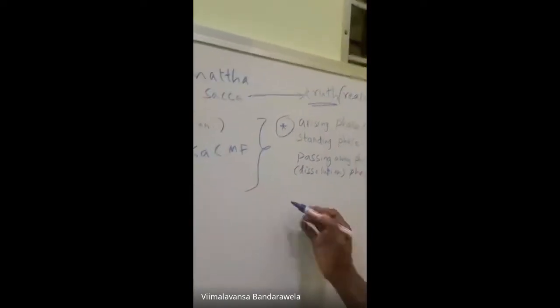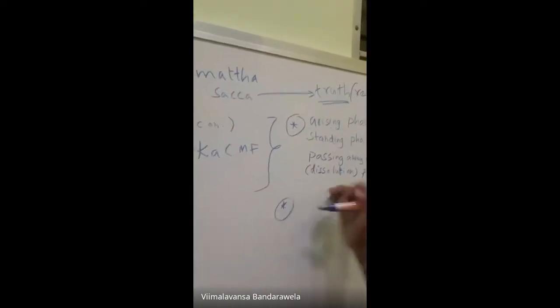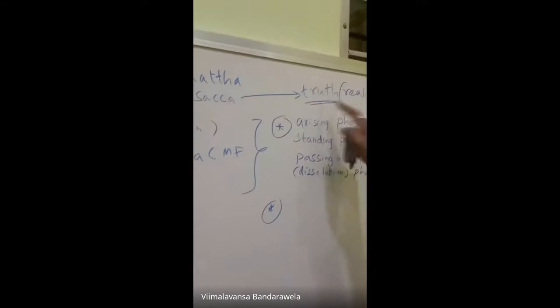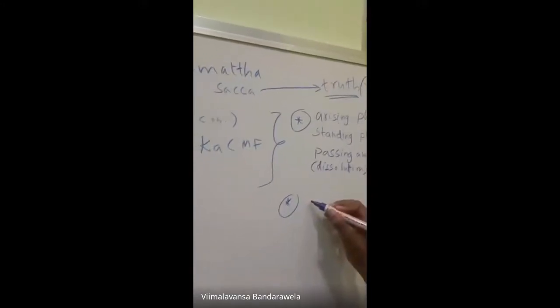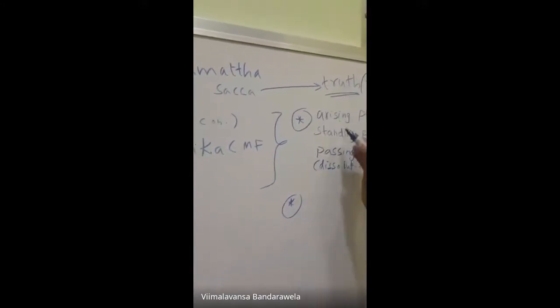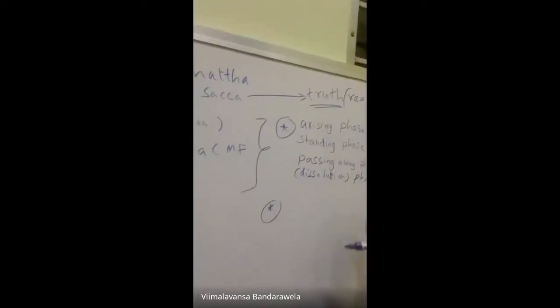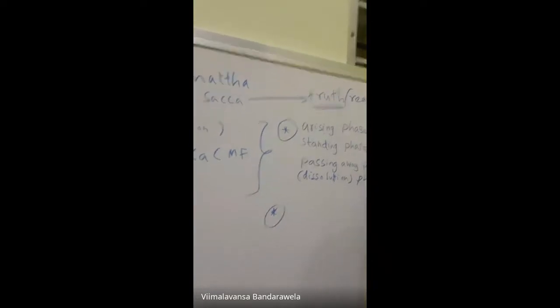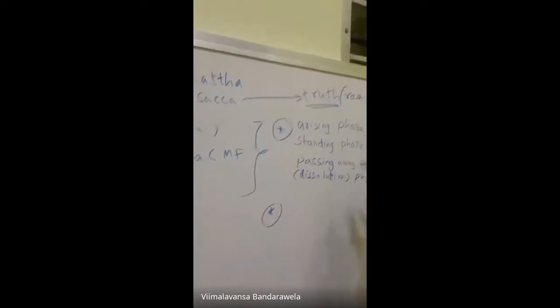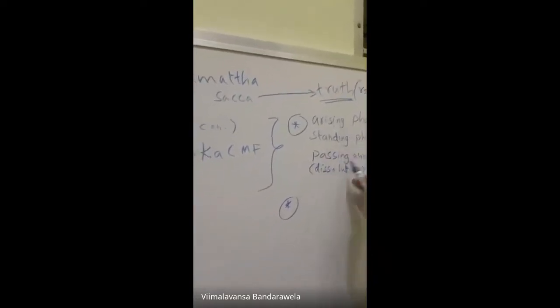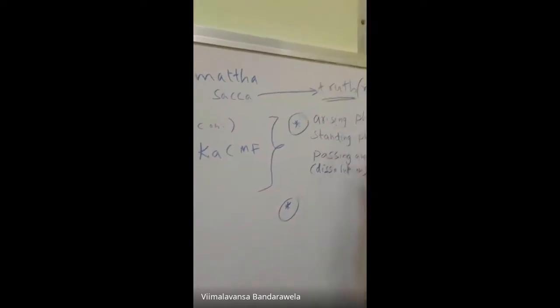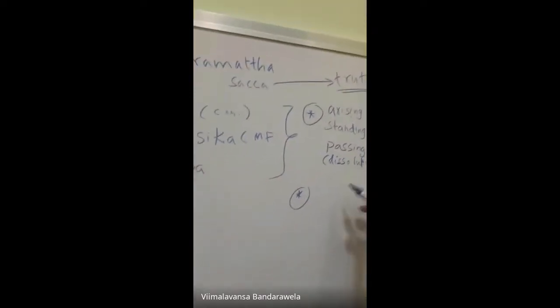So the other one is these. What other truth is this? This always arises, always perishes, always passes away. We have thiti also. Thiti means the standing phase, and especially the arising and passing away phase. We can see the standing phase also. You can see it from meditation, right?